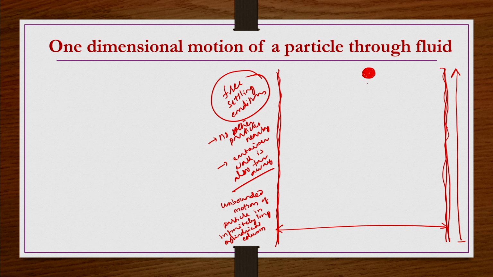So, now this particle is settling. When it is settling, initially there may be acceleration of the particle, so it may be settling with a certain velocity, but du by dt, let us say u is the velocity of the particle that is settling, is not 0 in the initial conditions.